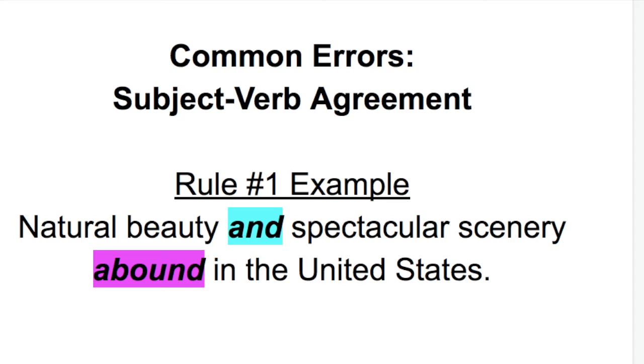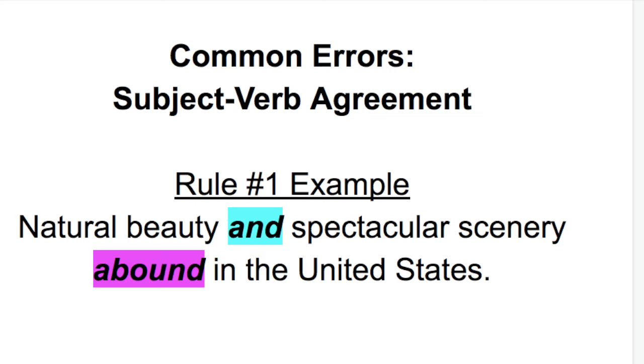All right, let's look at an example of this on your activity page 47. Natural beauty and spectacular scenery abound in the United States. So if we look at our subject, we have natural beauty and spectacular scenery. Because we've joined those together with the conjunction and, we're talking about two things, not just one.